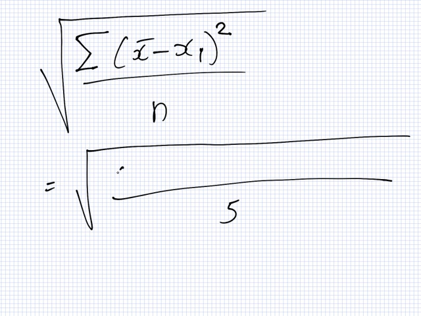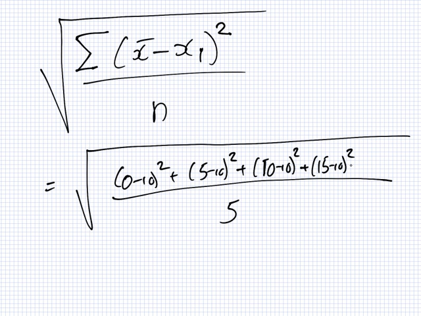The first one is 0 minus 10 squared, the average was 10, plus 5 minus 10 squared. Was it 5 or 6? No, there were 5 numbers. There were 5 numbers? Okay. 10 minus 10 squared plus 15 minus 10 squared plus 20 minus 10 squared.